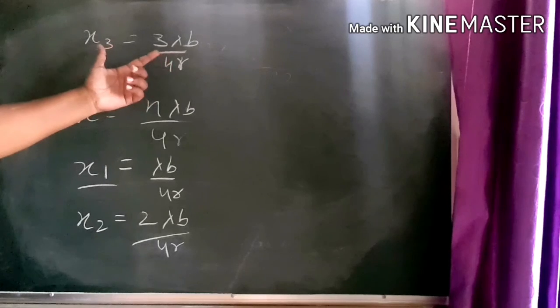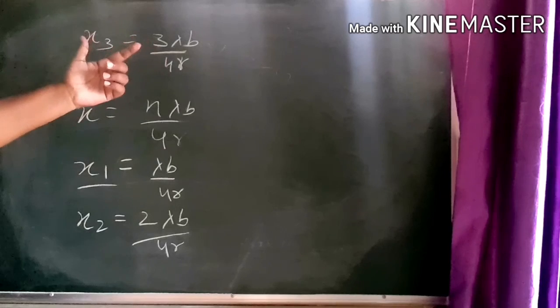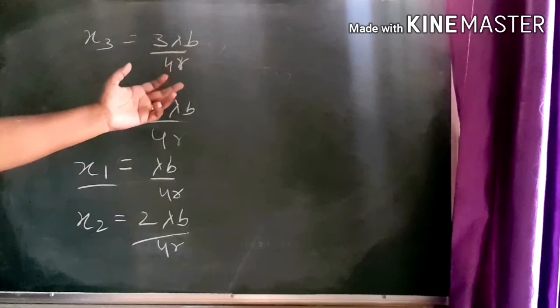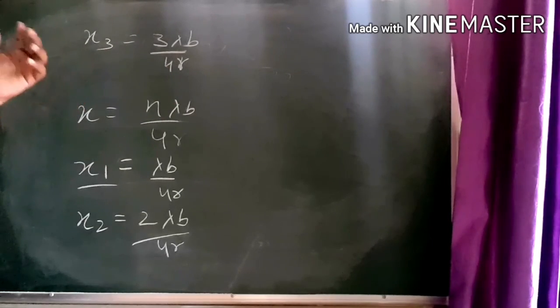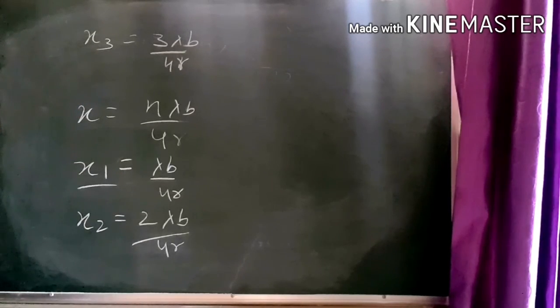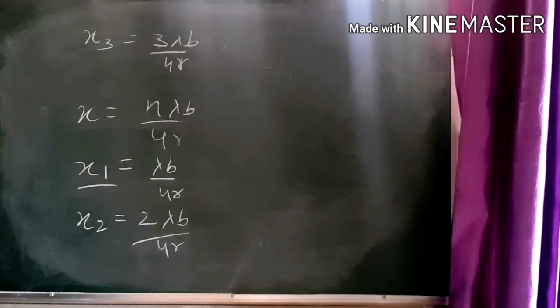At this position, we will find the maxima. And if n is equal to 4, then we have 4 lambda b by 4r. n is even, so again we find minima. These are the positions of maxima and minima in case of a non-axial point. We only have to remember that if n is odd, there will be maxima, and if n is even, there will be minima.